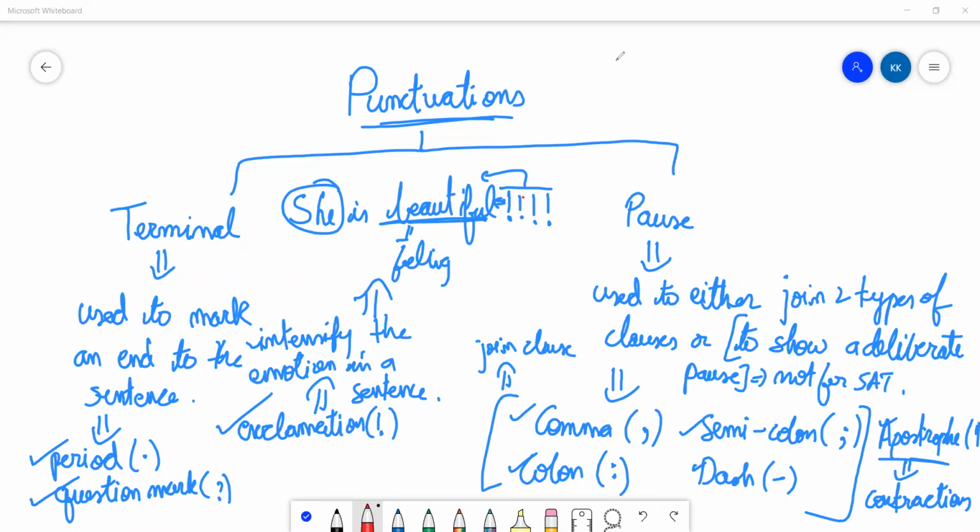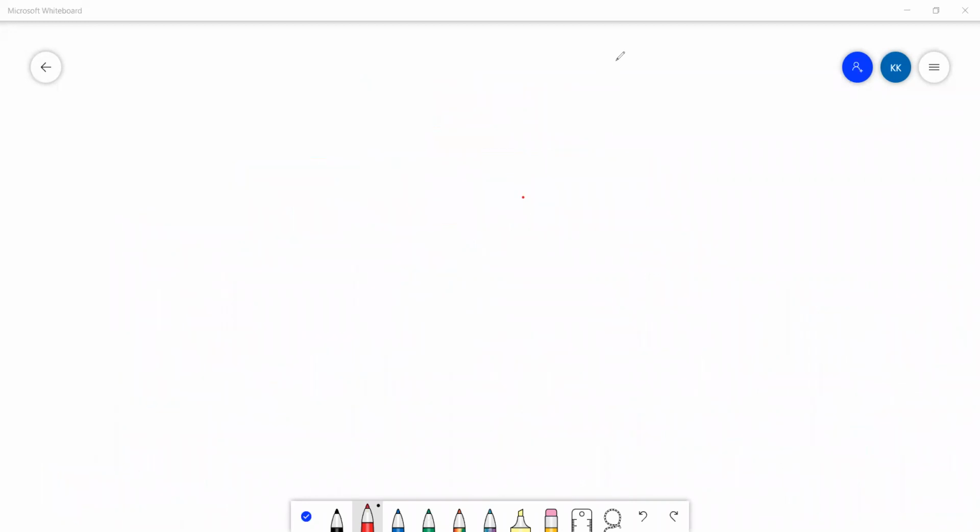Now, coming to pause punctuations. In pause punctuations, the most important part is the comma. That is what covers the major part of punctuations. Okay. So we are going to start off with commas. Okay. So comma has four main uses.